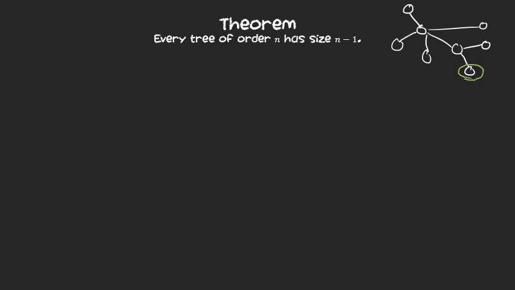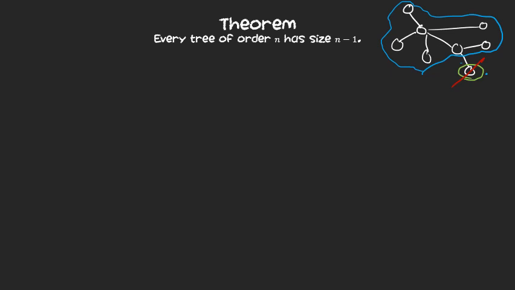We know it has at least 1 leaf on it, and so we're going to take away that leaf. What that's going to leave us with is a smaller tree, with 1 less vertex and 1 less edge. We know it has 1 less edge because this was a leaf, so when we take it away, it just removes that 1 edge.